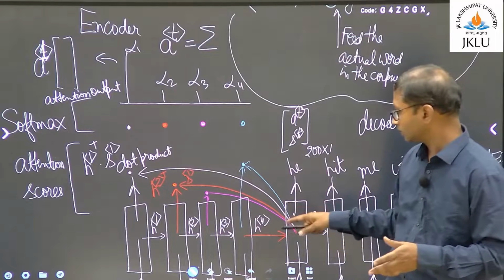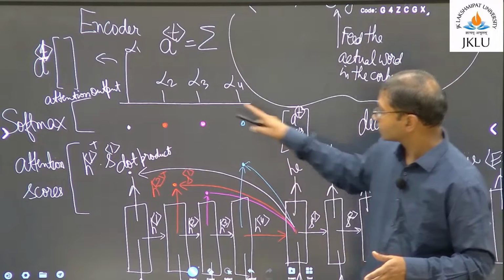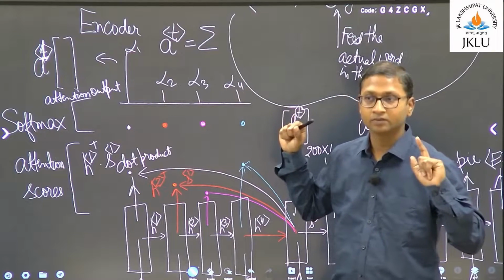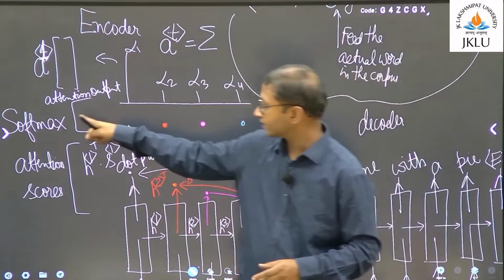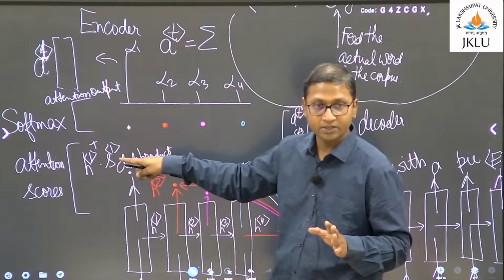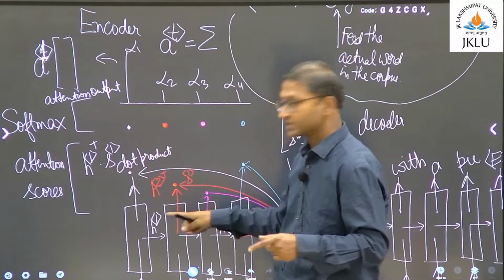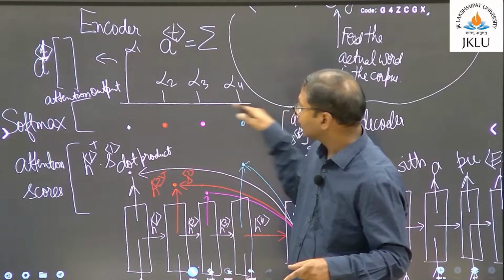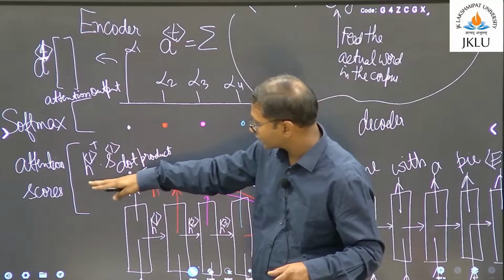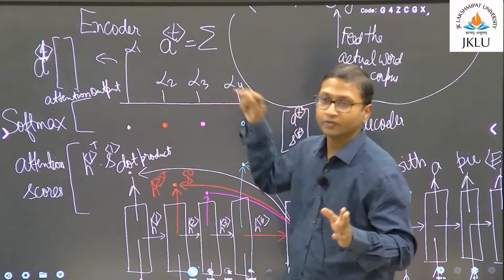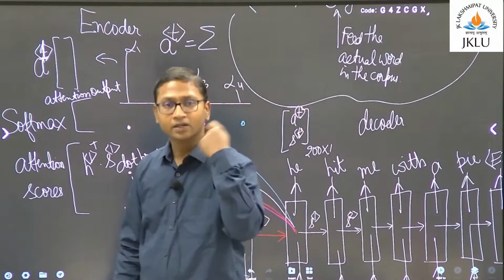Yes. So once you have got these 40 numbers, you are supposed to take softmax. So you have these attention scores after the dot products, right? 40 numbers, because I said there are 40 units now. So you will have 40 attention scores, take softmax of them, and that gives you a probability distribution.